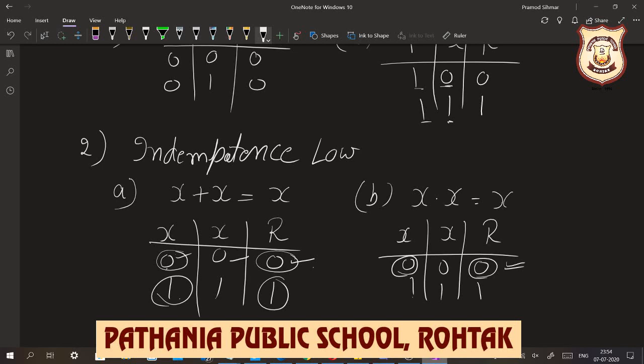So this response is always equivalent to x. And the second is 1 multiply 1 is equal to 1. So you can check it. The response is always x. So hence it proves that x plus x is always x and x multiply x is always x.